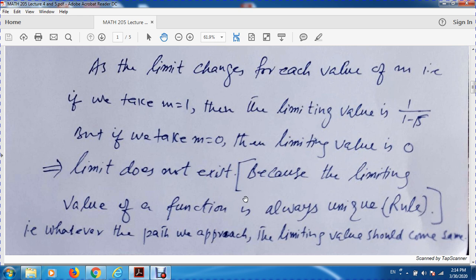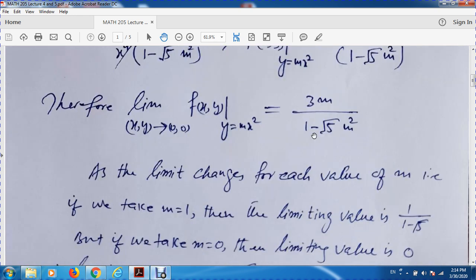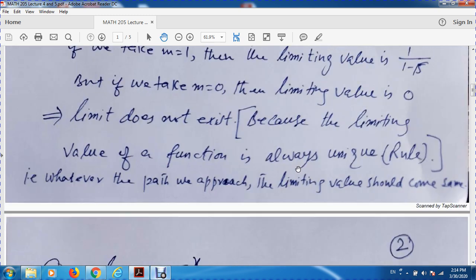If I take the path y equal to mx, or y equal to mx square, or y equal to mx cube, and for all paths we get the same number, a unique real number, then the limit will exist. If we get the final answer as m, then the limit does not exist. I hope this is clear.